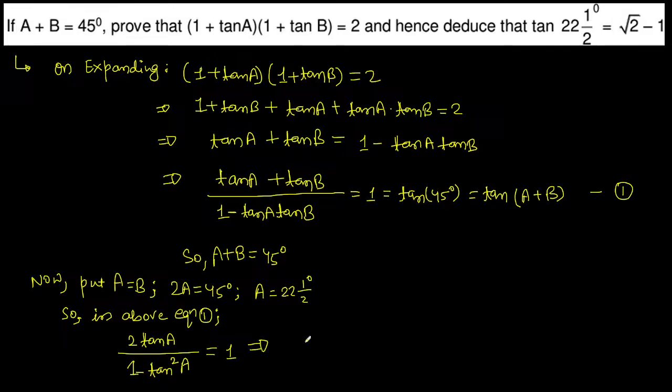Further solving, we have 2 tan A equal to 1 minus tan square A.